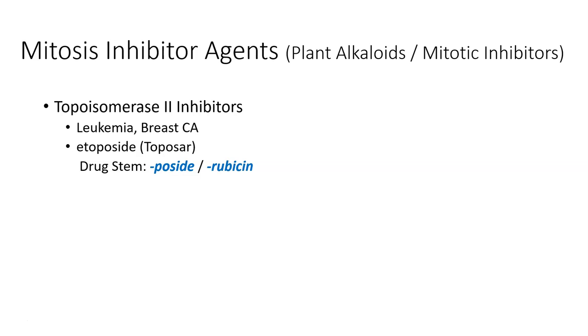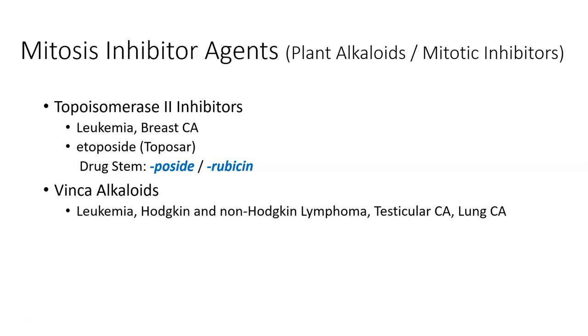So doxorubicin and daunorubicin are also in this grouping. And then the last are the vincas. So the vinca alkaloids disrupt the formation of the genetic code, which will inhibit the cancer cell division. These are used to treat leukemia, Hodgkin's and non-Hodgkin's lymphomas, testicular cancer, and lung cancer.